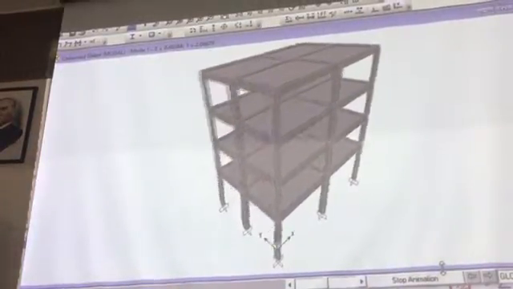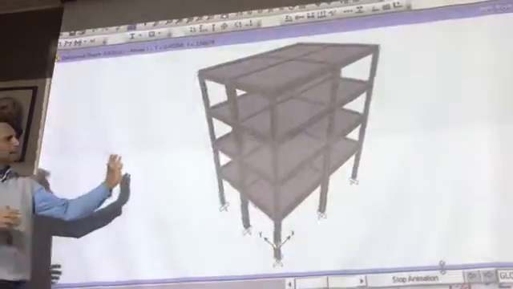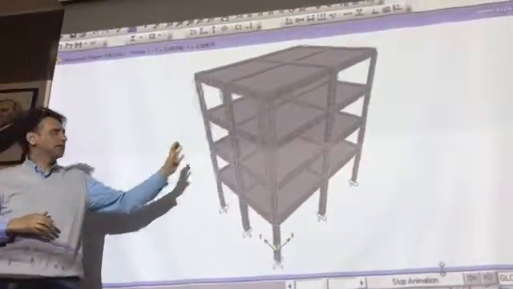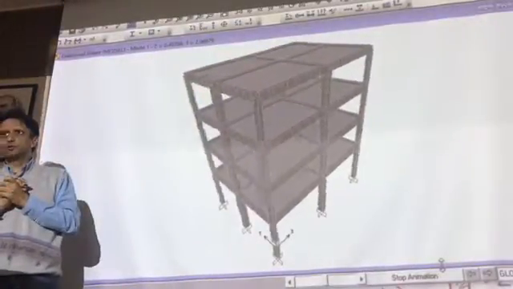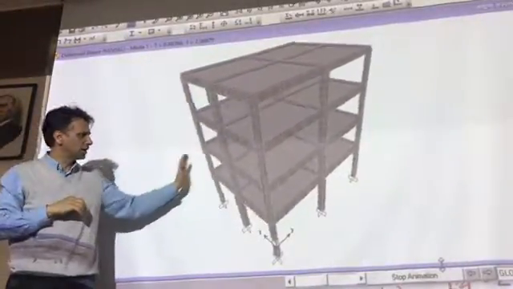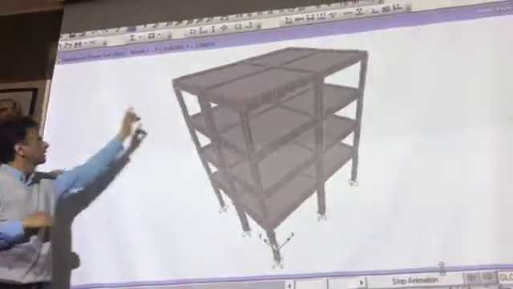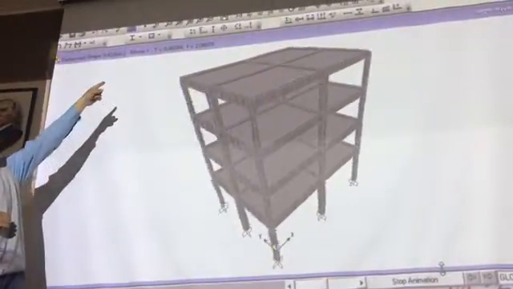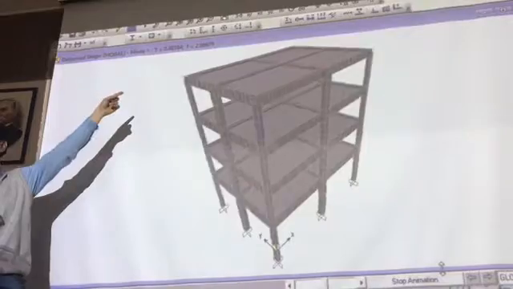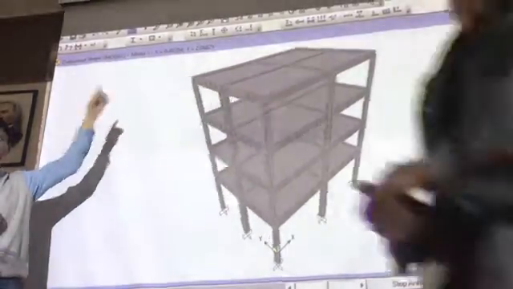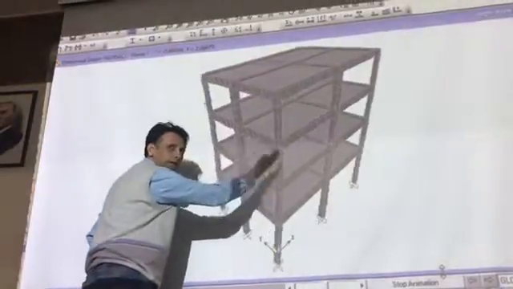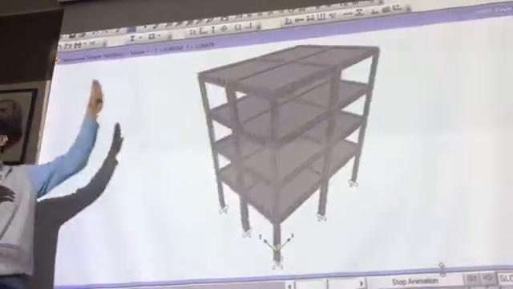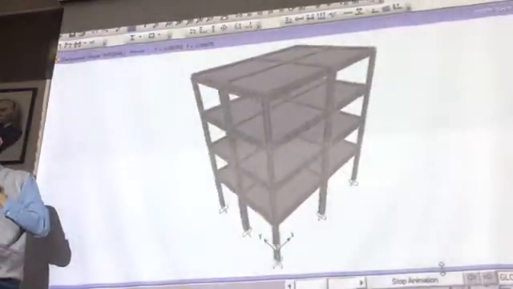What is modal analysis? In modal analysis, we determine the dynamic properties of the structure. For example, this structure in X direction is moving with a period of 0.48 seconds. 0.48 seconds means one cycle of its movement will be completed in 0.48 seconds.